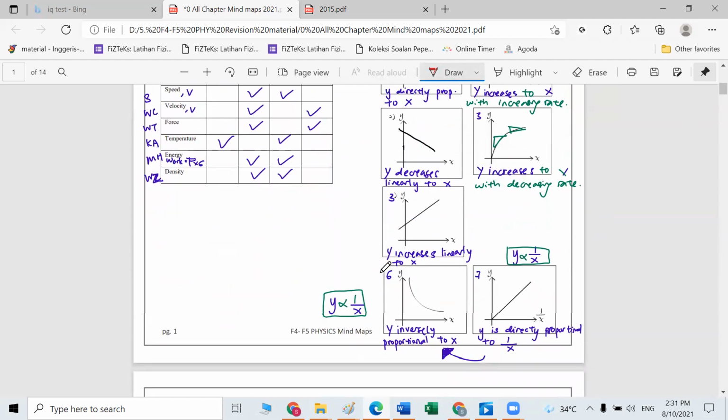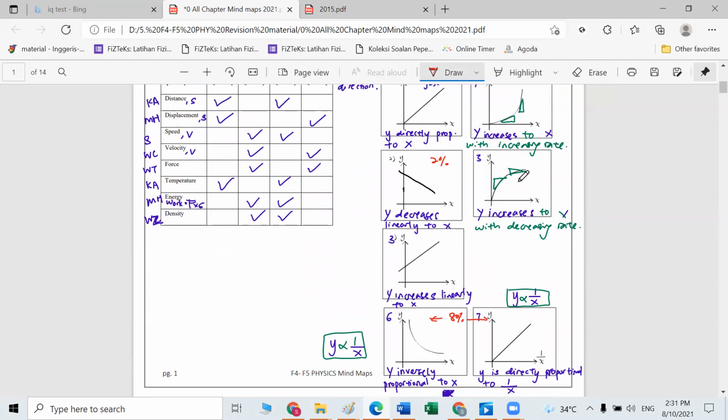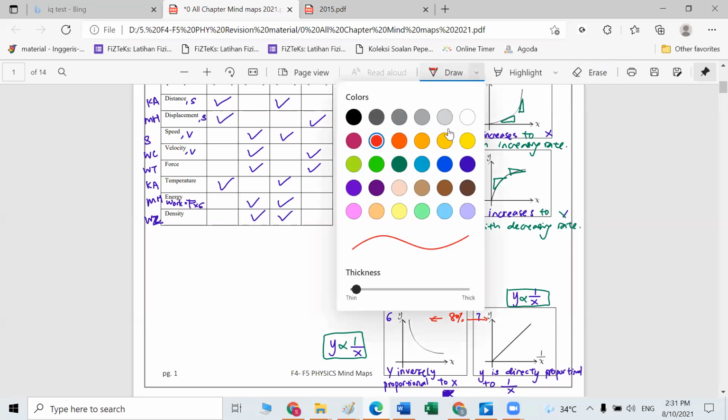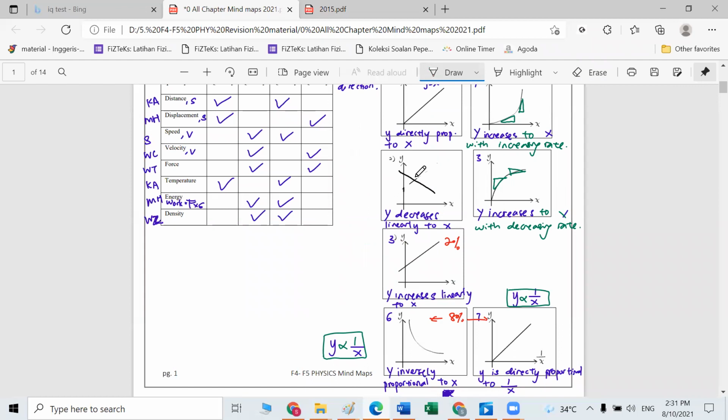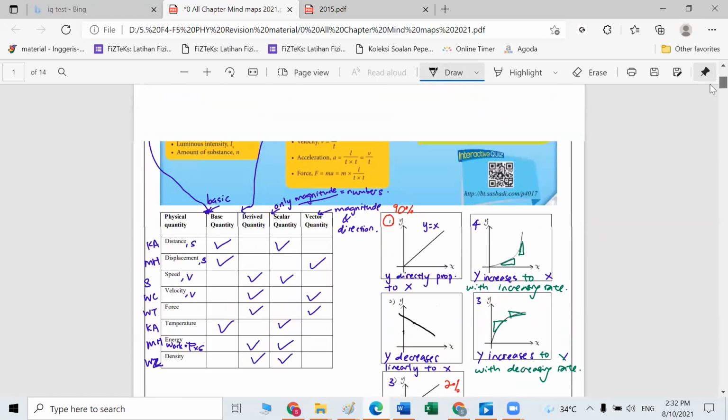Then around 8% is these two. 2% is this one. All right, so that's chapter 4.